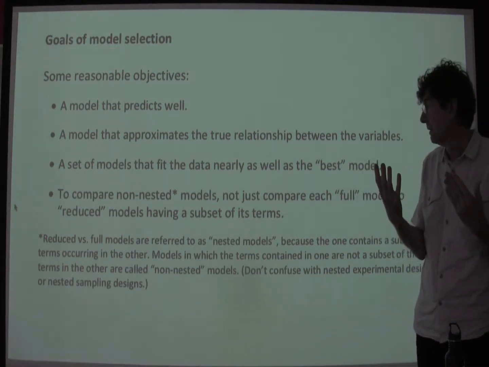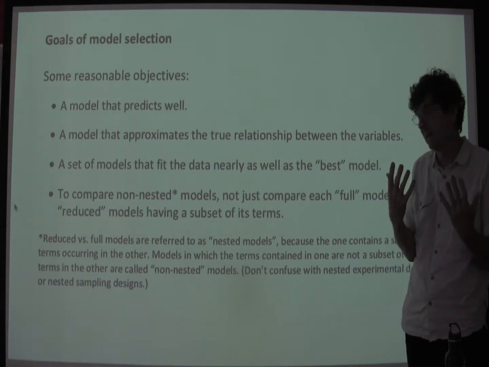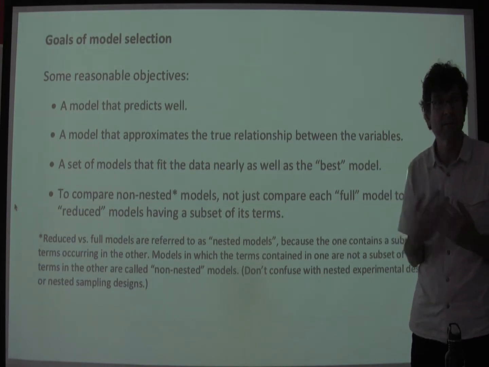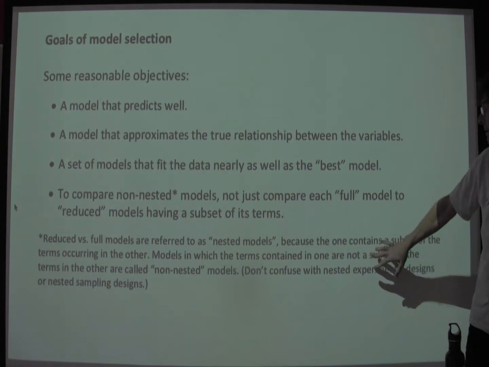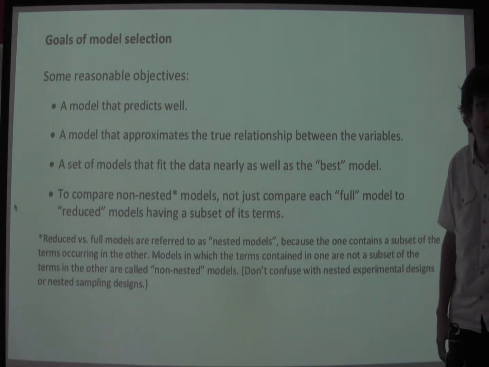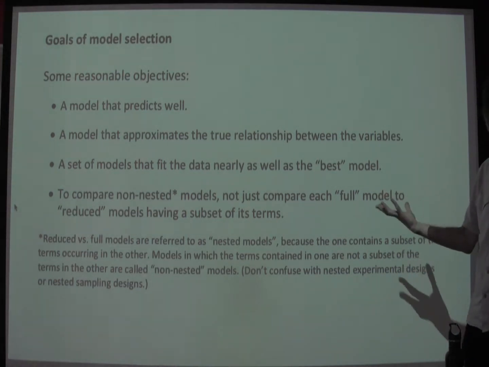The reduced model lacks that term of interest. Those two models are nested in the sense that everything in the reduced model is already contained in the full model, plus there are some extra terms. But the methods that I'll tell you about can also compare models that are not nested, that have exactly the same number of parameters, or that have different variables in them entirely.